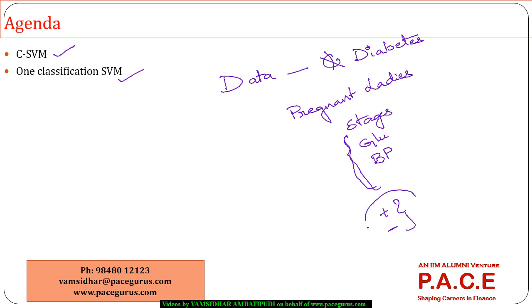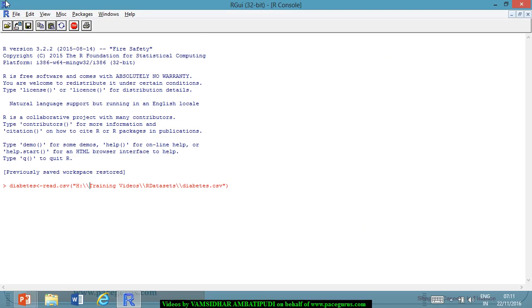And because my response variable is binary, I can use either this one or this one to do the classification of the data. So that's how we would like to proceed. Let me load the data first, and based on that we will go ahead with understanding the model.